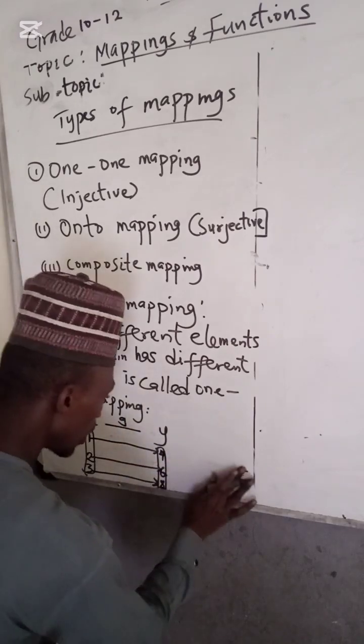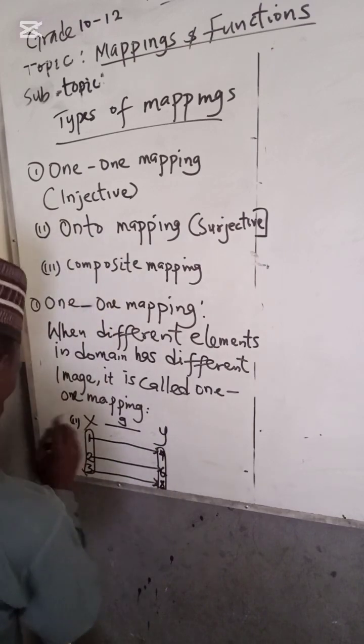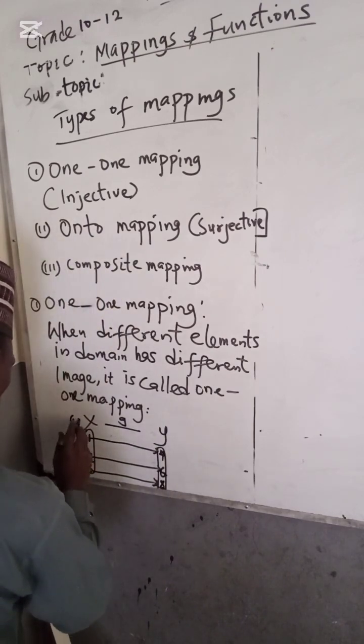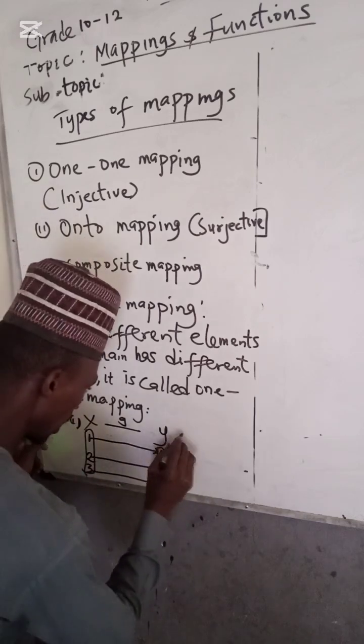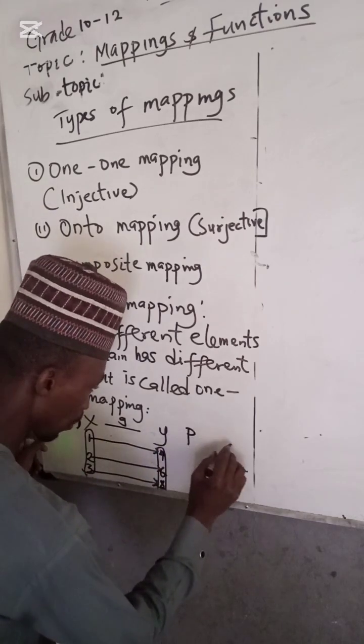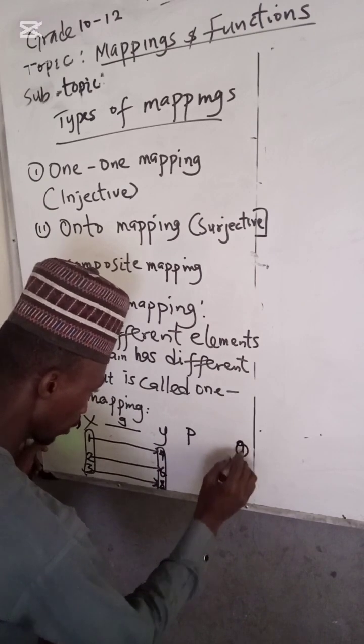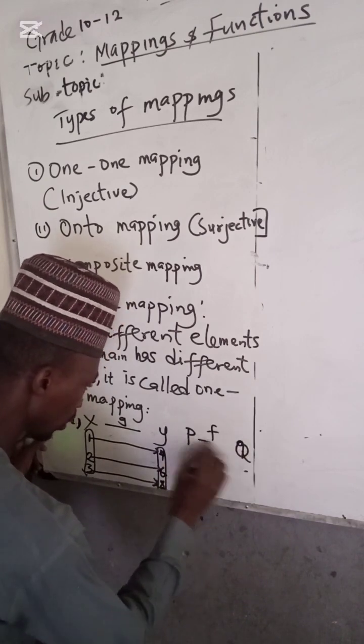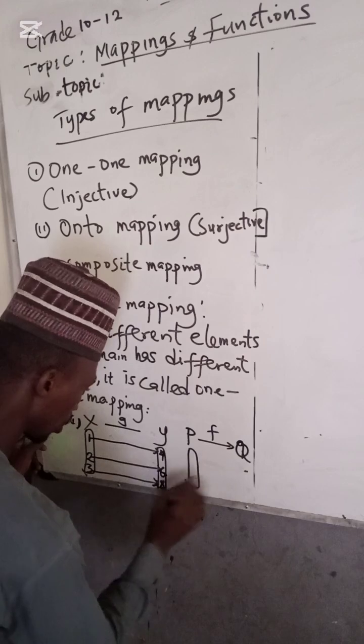Now, let's see another one so that we won't conclude that it's only when it is facing each other directly. Let's say we have P, Q, relation F. We have something of this nature.